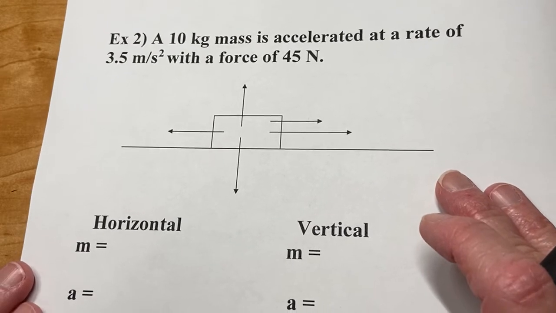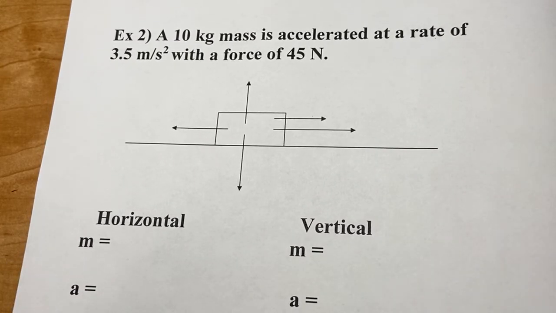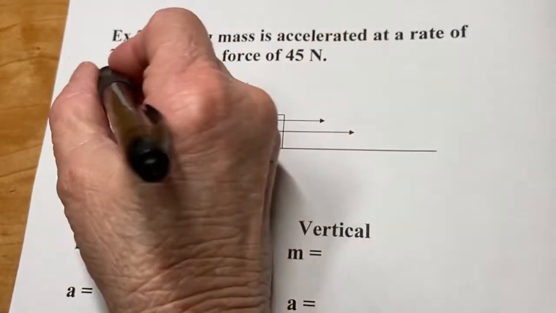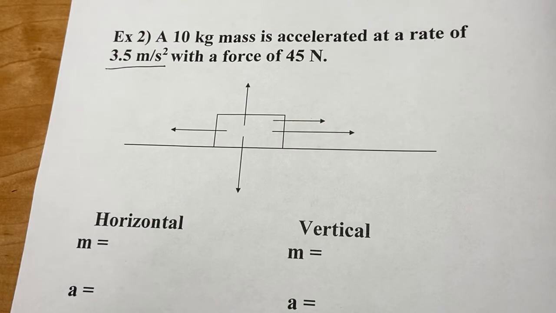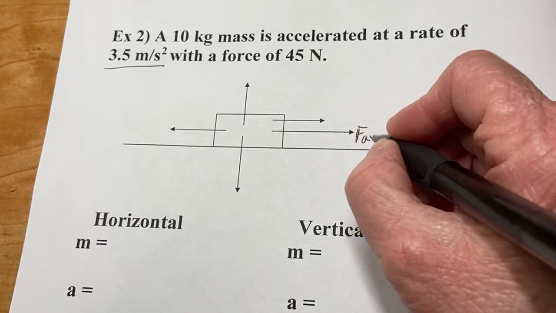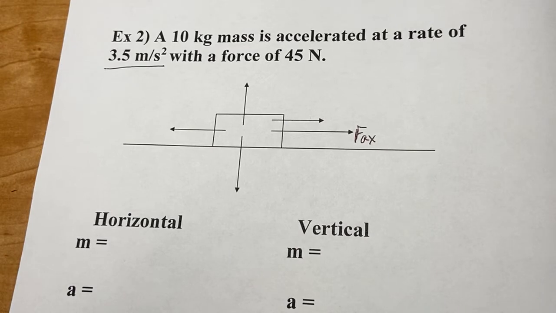This is a little bit different. This is what you would actually do first if you were actually pulling something. I have a 10 kilogram mass and it's accelerated at a rate, you see that squared, that's an acceleration, with a force of 45 newtons. All right, so if you look at the pictures, this is your FAX. You're pulling horizontally.